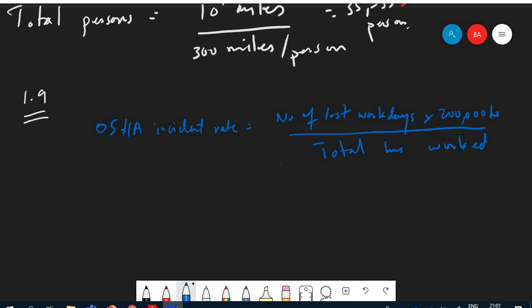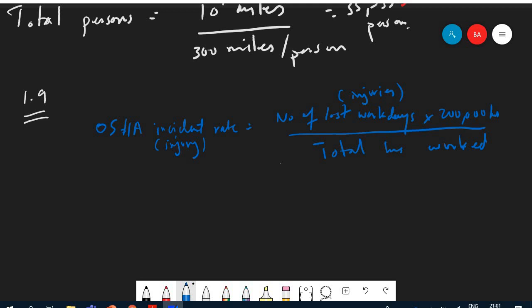And of course, here it says incident, so rather than writing incident, you can say the number of injuries. It just goes like that together.